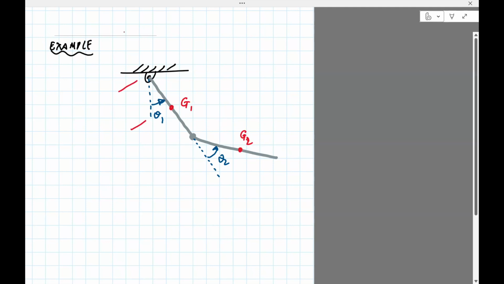And then this distance is c1, and this distance is c2. And then I also would need the link length. Okay, I don't quite need the length of the other link for this case.